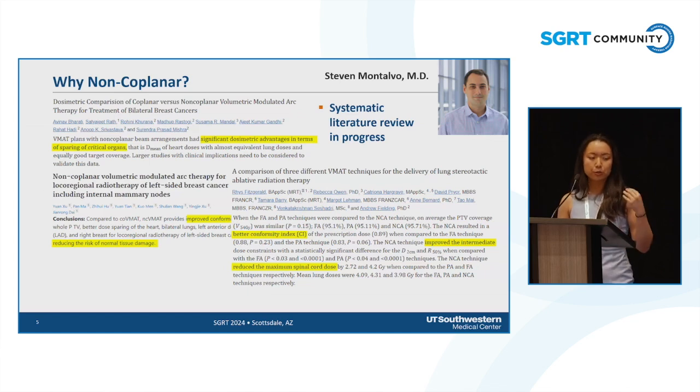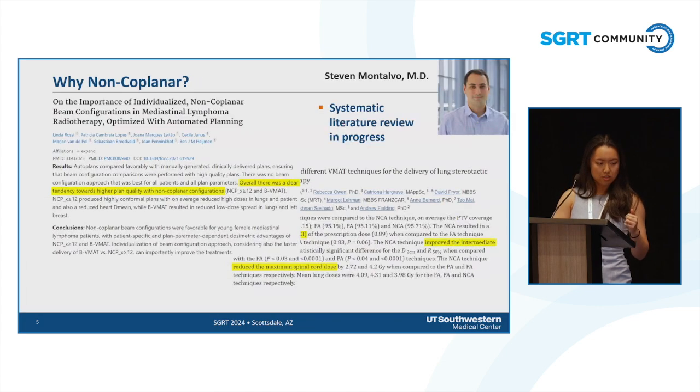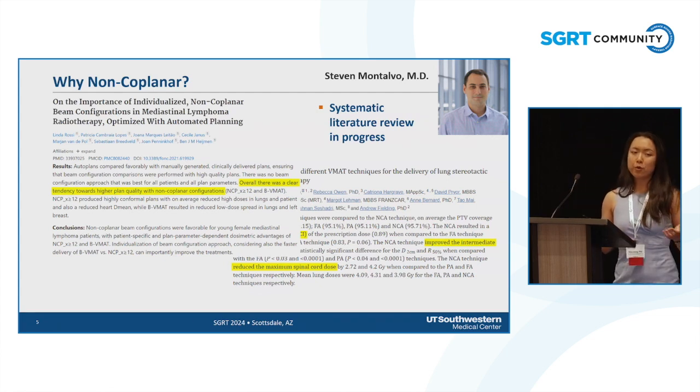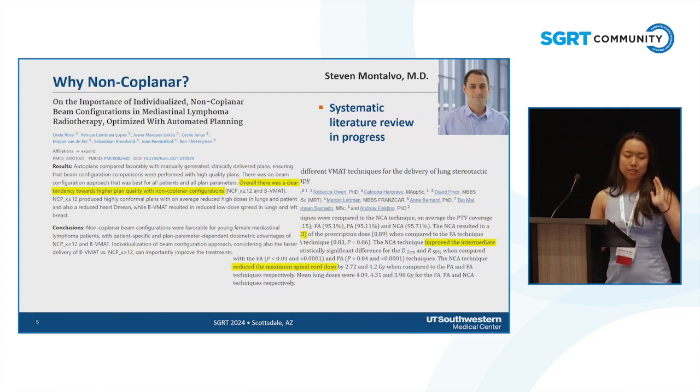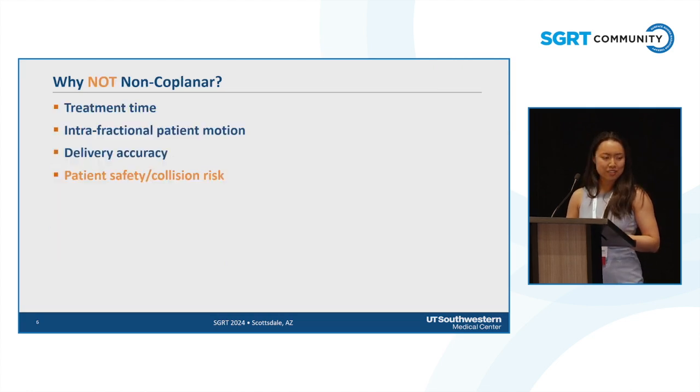This is true for breast, for lung SGRT, for mediastinal lymphoma. And overall, there has been a clear tendency towards better plan quality for non-coplanar treatments. Our MD resident, Stephen, is actually working on a systematic literature review for this. So if you are interested, keep an eye out.